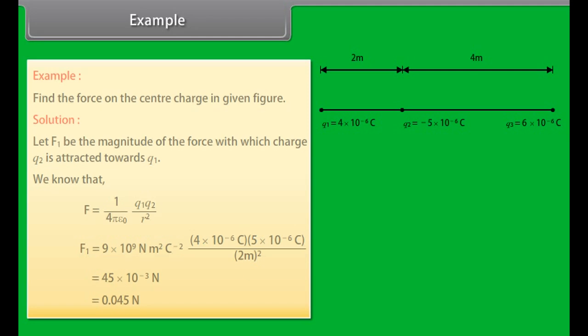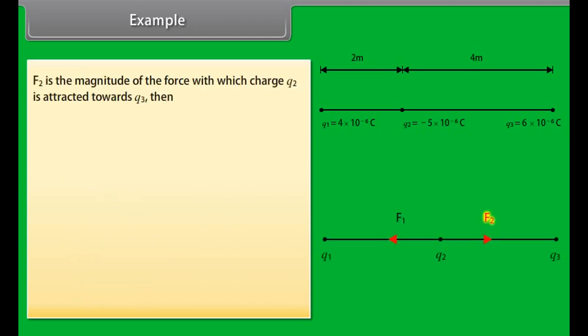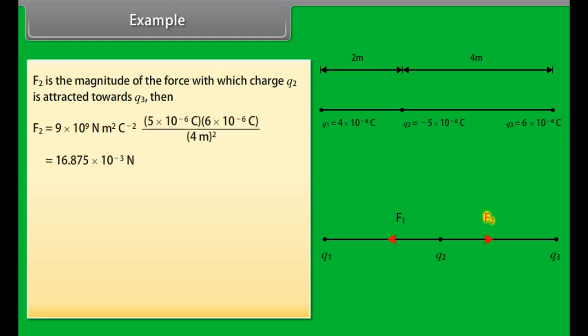0.045 Newton. F2 is the magnitude of the force with which charge Q2 is attracted towards Q3. Put the values in the above equation, we get F2 = 16.875 x 10^-3 Newton, which is equal to 0.0169 Newton.